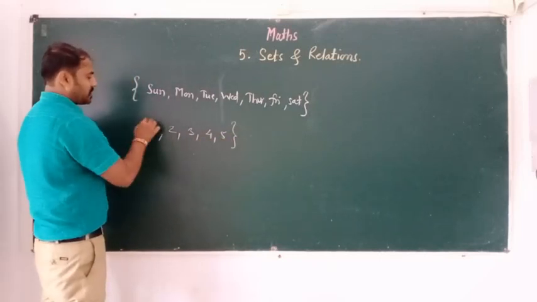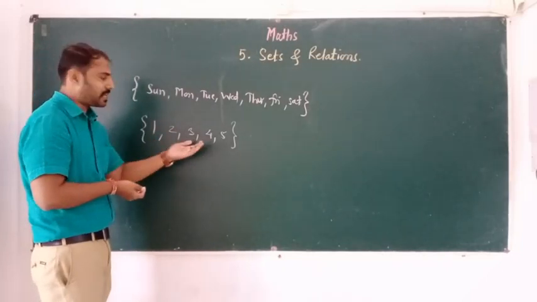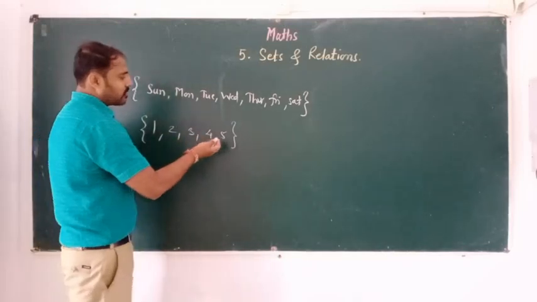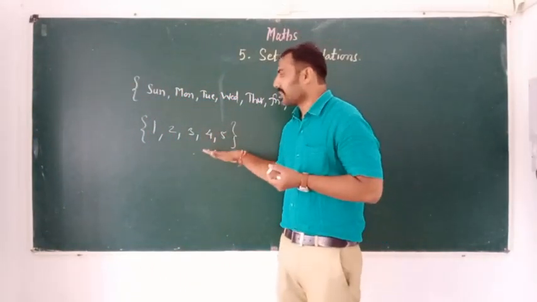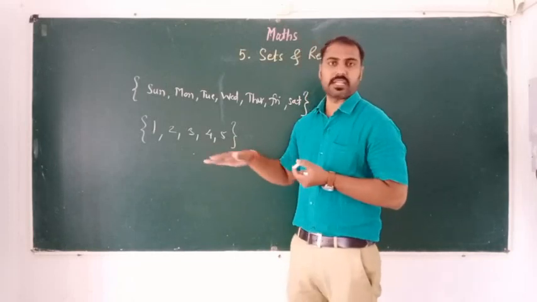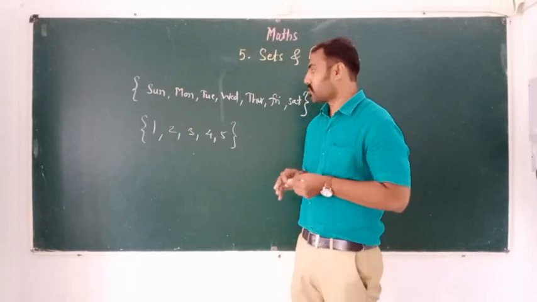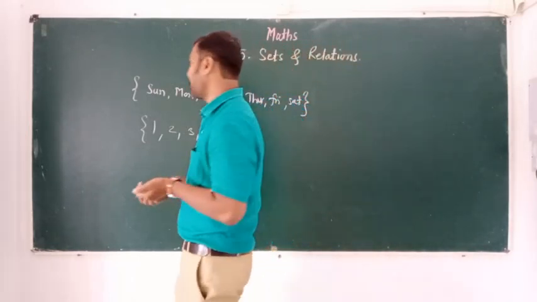I can correct this example: natural numbers less than or equal to 5, or natural numbers less than 6. Clearly the answer is 1, 2, 3, 4, 5 from all of them. So the answer is unique. It is well defined. So this is clearly an example of a set.